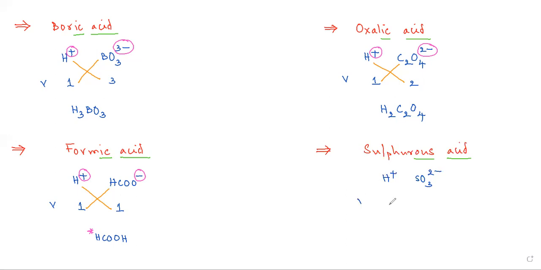So valence is 1, valence is 2 here. Come on. Right. This is how you can write the formula of sulfurous acid. Okay. If this is okay for you, I've got something very interesting for you.